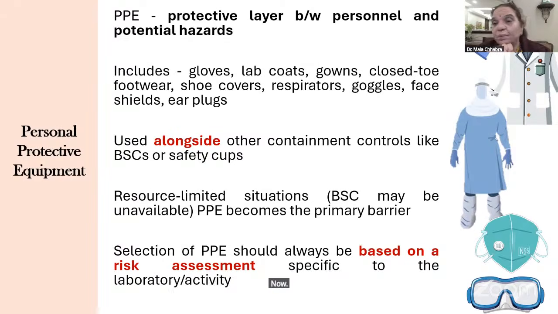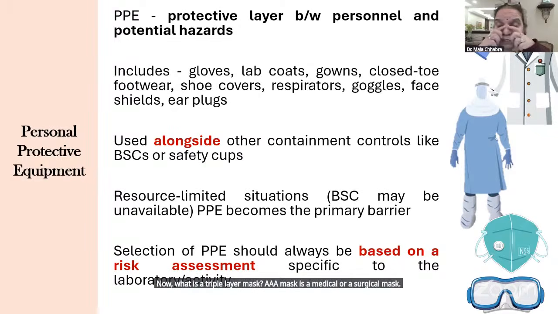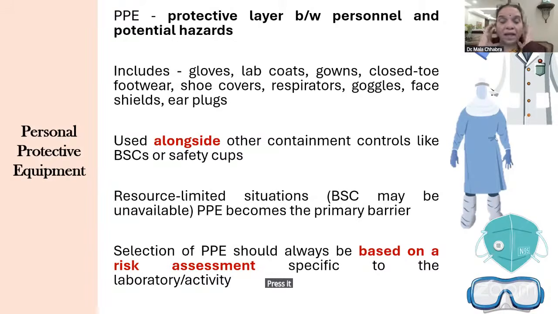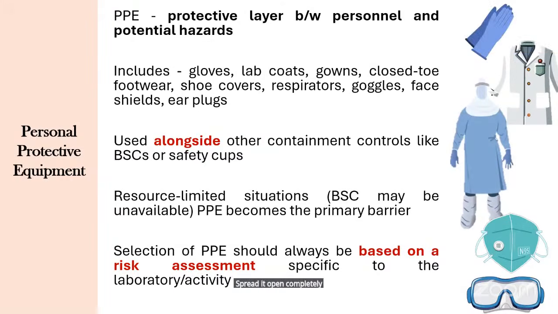Now, what is a triple layer mask? A triple layer mask is a medical or a surgical mask which you put on, you identify the clip on one side of the mask, put it on your nose, press it, and then you tie the mask with the strings. Spread it open completely so that the secretions do not accumulate there.